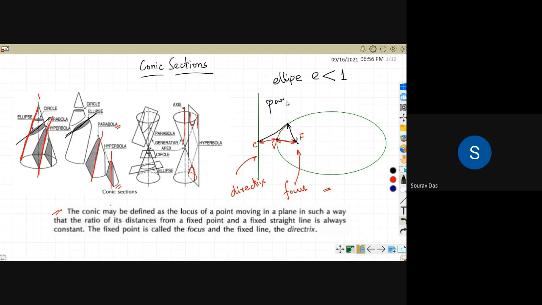For a parabola, E will be equal to 1, and for a hyperbola, E will always be greater than 1. These are three important values which need to be remembered. For an ellipse, E is less than 1; for a parabola, E is equal to 1; and for a hyperbola, E is greater than 1.